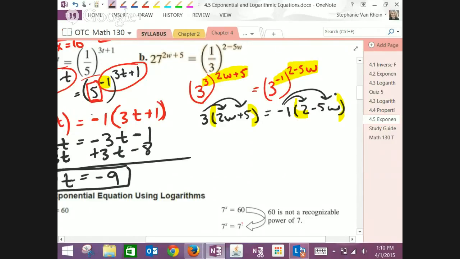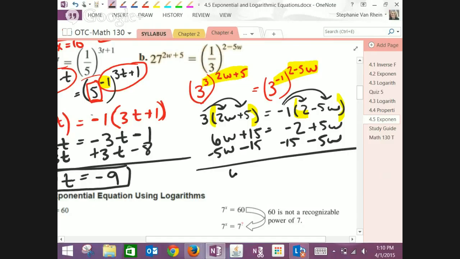Because that 3 cubed, that 3 really goes with the 2w and the 5, and the minus 1 goes with the 2 and the minus 5w. So I end up with 6w plus 15 equals minus 2 plus 5w. Subtract 5w from both sides, minus 15 from both sides, and that will give me w equals minus 17.